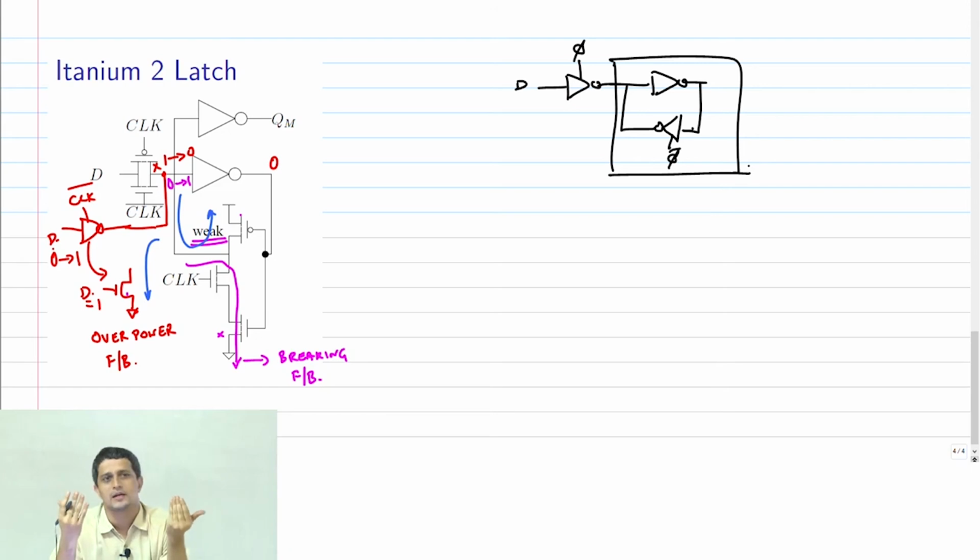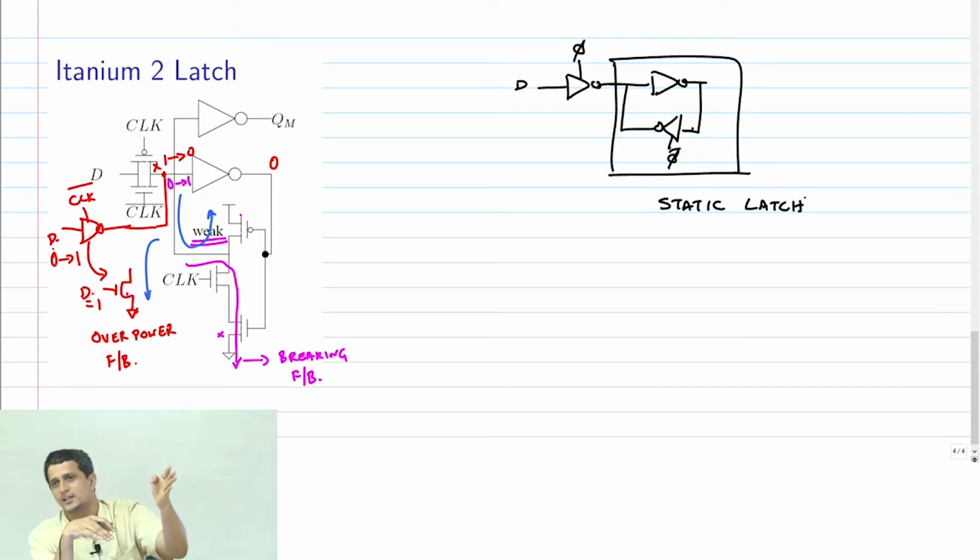The element that is storing my data, or that is going to hold my data, is this feedback inverter. Right? If there's a 0 at the input here, the output will be 1. That output will drive the 0 and this feedback will hold it steadily as long as the power supply is on. Right? Therefore, this is known as a static latch.